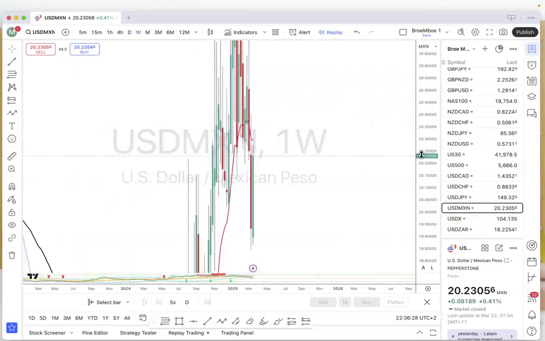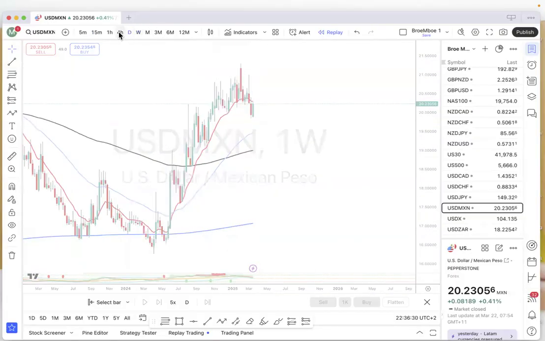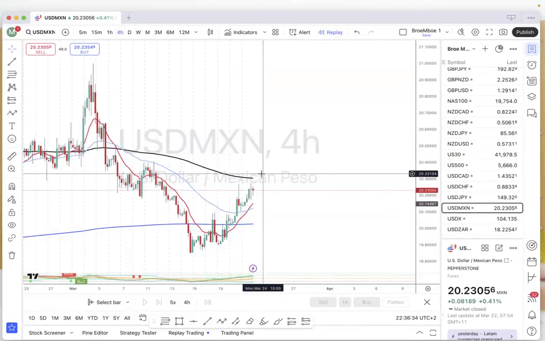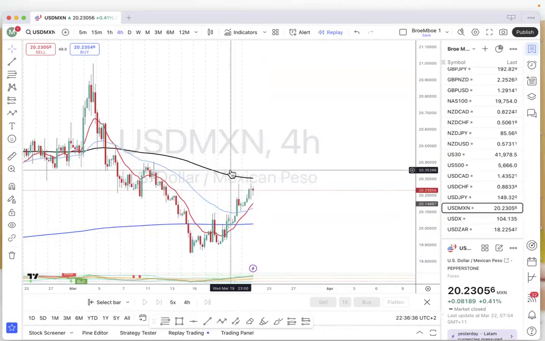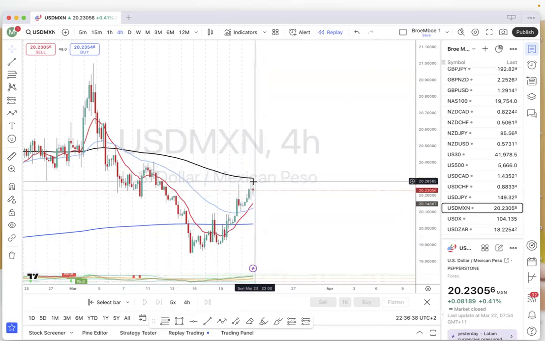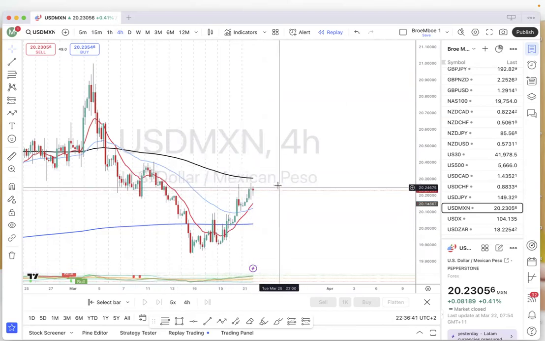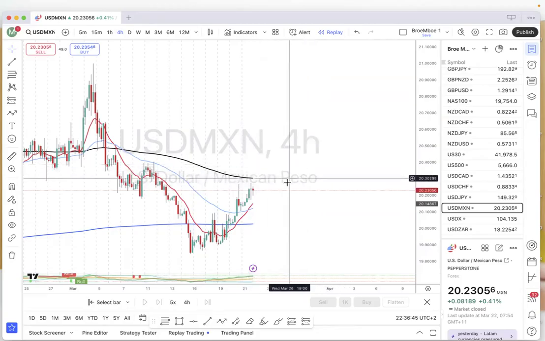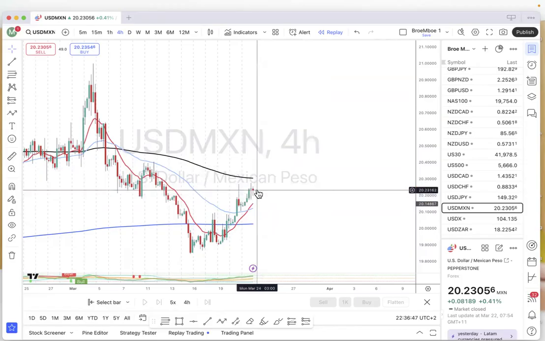And because of that, it means 4 hour is buying, or 1 hour is buying at that particular moment until they also break the lows.